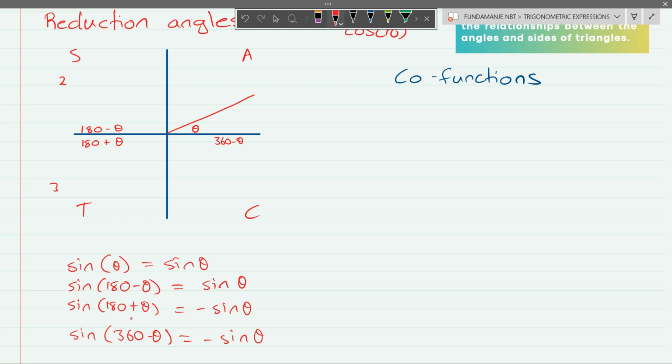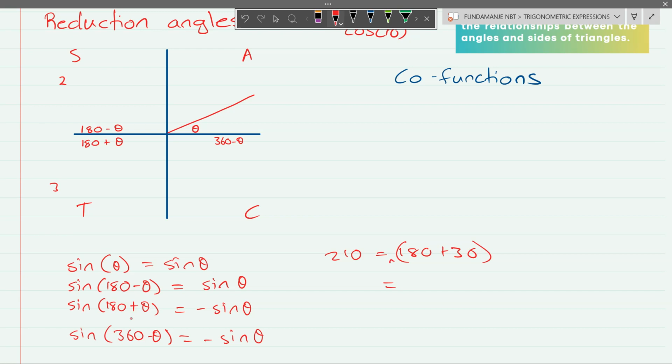You might be given something like tan of 210. You have to know that 210 can be written as 180 plus 30, which is in the third quadrant.